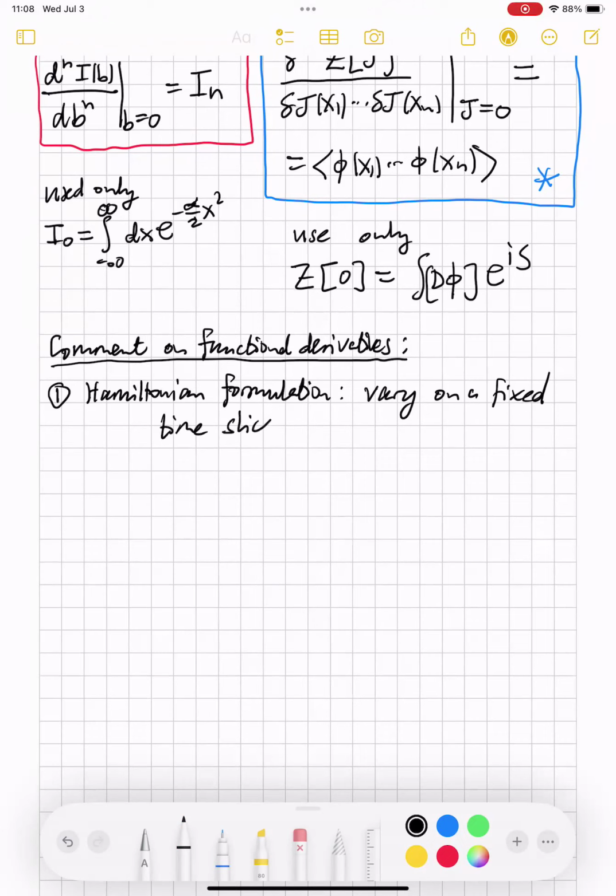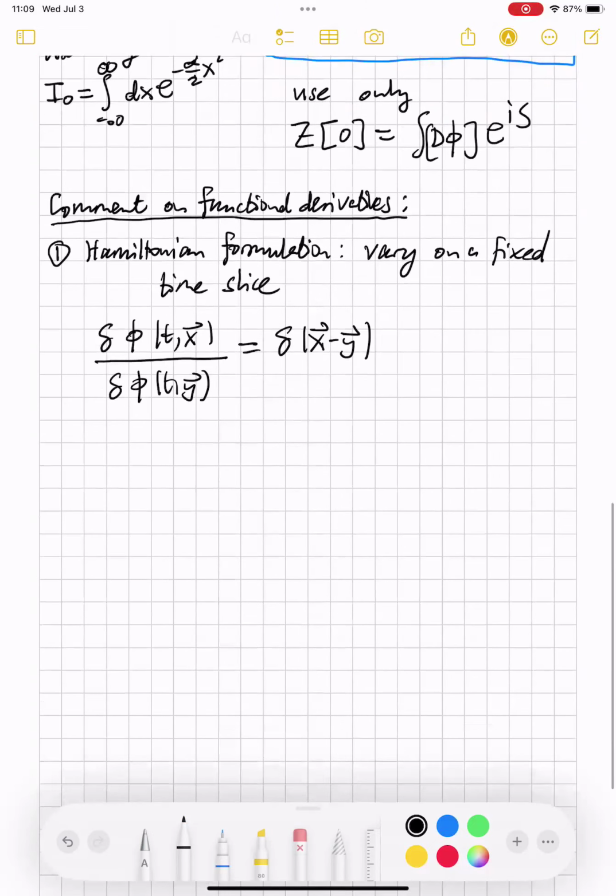So we want to vary the function phi of t comma x with respect to the function phi of t comma y. Here you should really think that phi of t comma x is just some function of x, and we're varying it with respect to some function of y. So this gave us a three-dimensional delta function. And that's what we used in the Hamiltonian formulation. Perfectly good formula. Here we mean something slightly different.